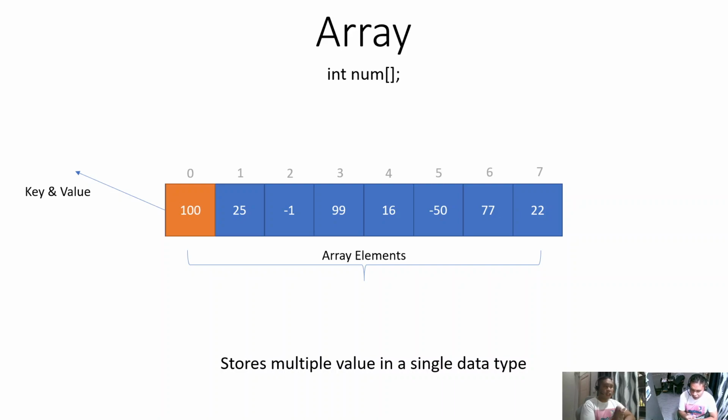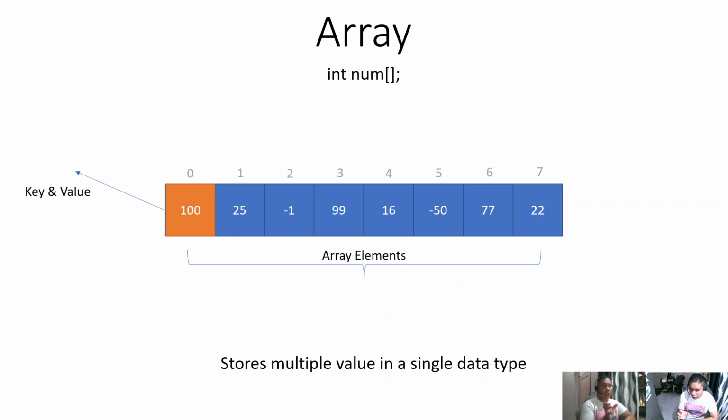So every box is an element and has a value, and the other thing that we cannot see but really know is the key, because it belongs to it. Meaning num 0 is 100, num 1 is 25, num 2 is -1, num 3 is 99.